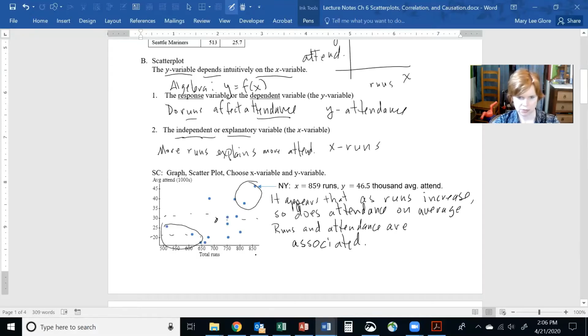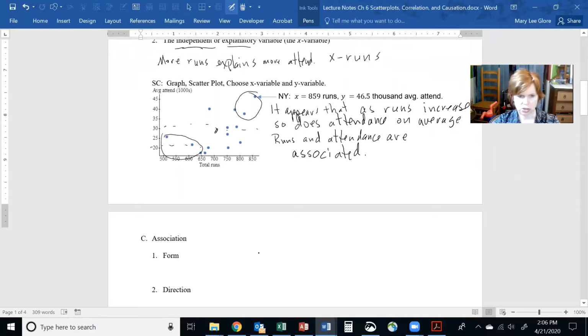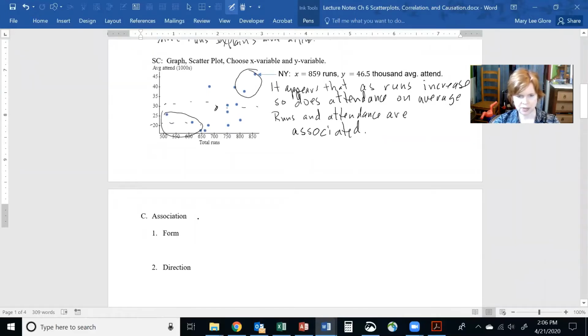An association just means, as X increases, Y changes, and the average Y also changes. So if as I increase X, Y is either going up, down, or both, then we say that X and Y are associated, or there is an association between X and Y.